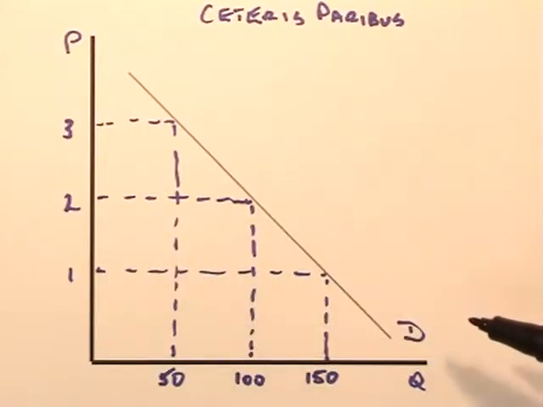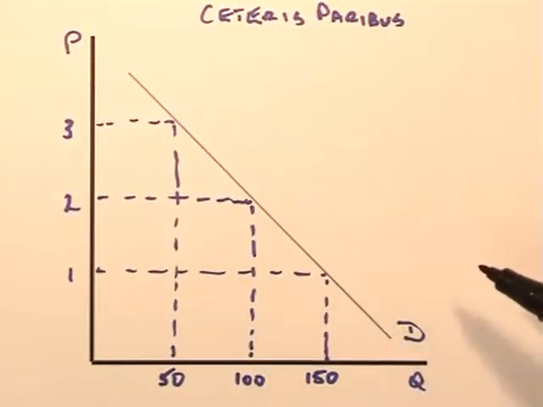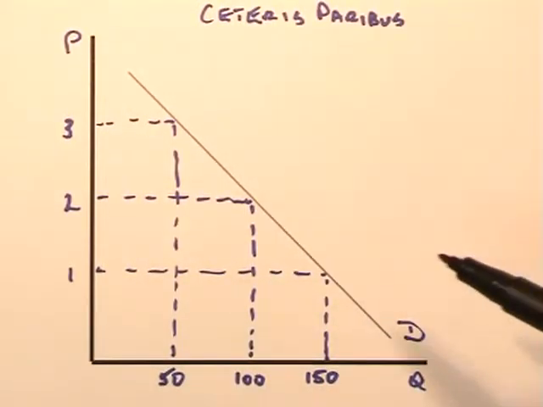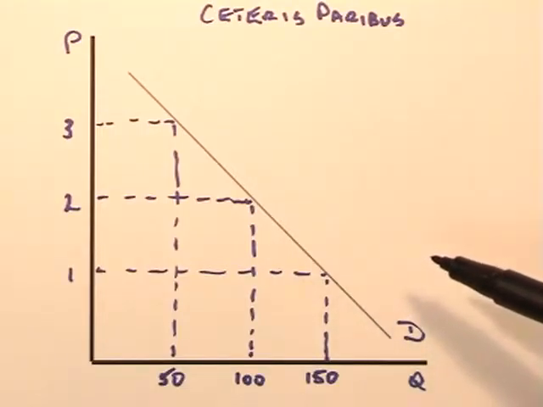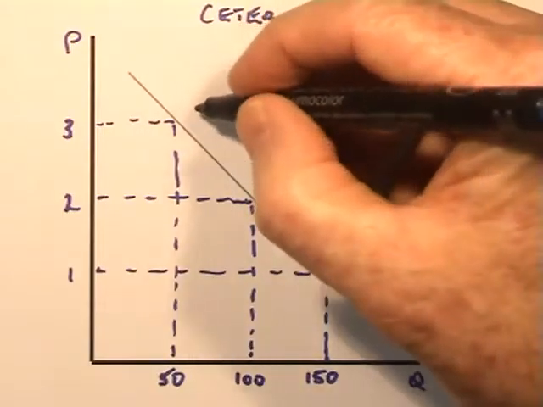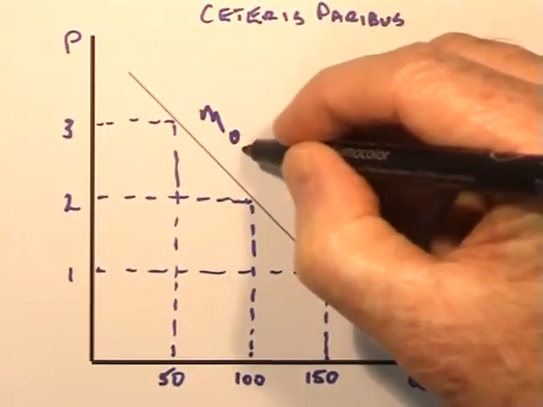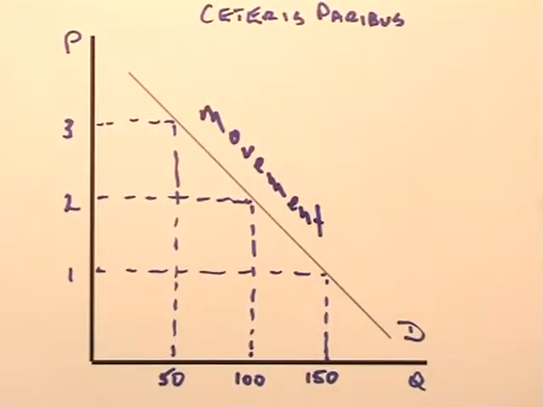So at each of those points, the important thing for us to consider was what was actually happening to the consumption or the quantity demanded at each of those price levels. And where ceteris paribus is the condition that applies, you can see that the points move along the demand curve. So we have what's known as a movement.